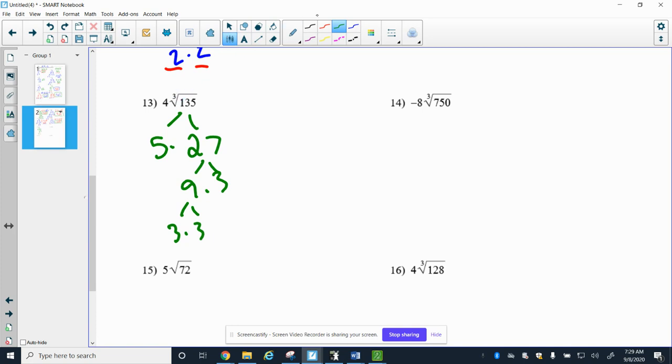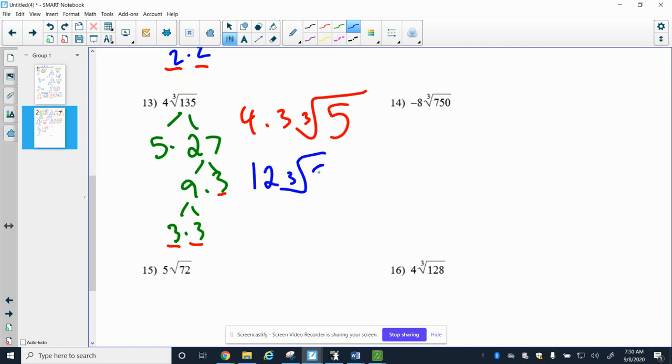Remember, it's a cube root, so we're looking for a group of 3. So 3 3's. So we'd have 4 times 3 cube root of, we have a 5 left over. And we simplify, so 4 times 3, this would be 12 cube root of 5.